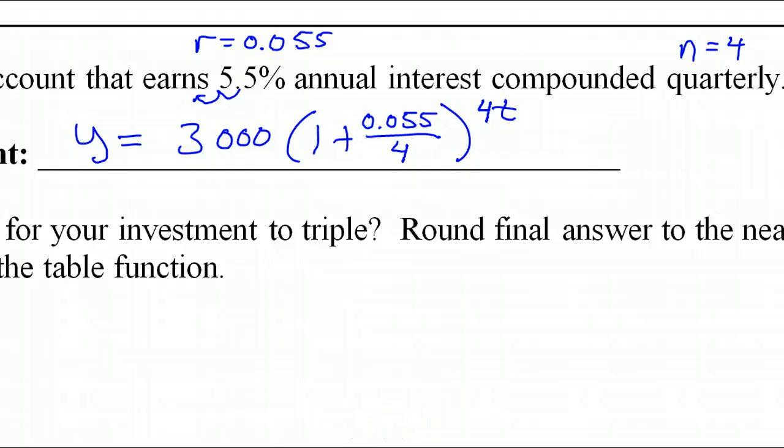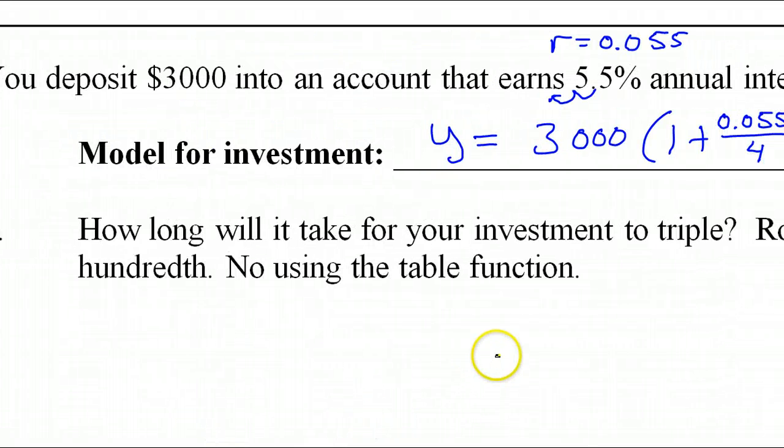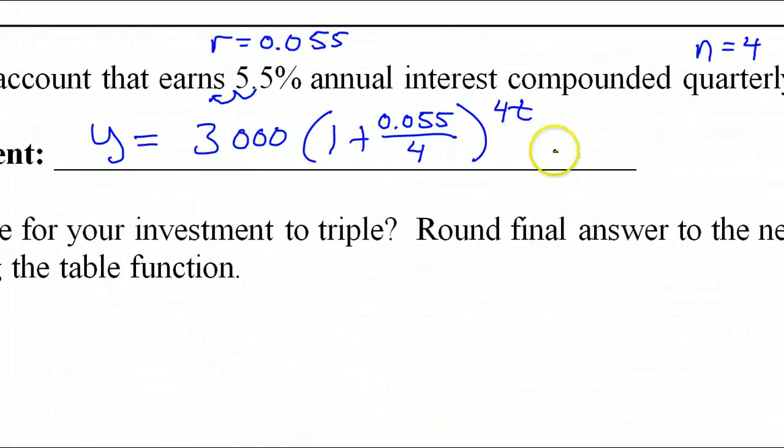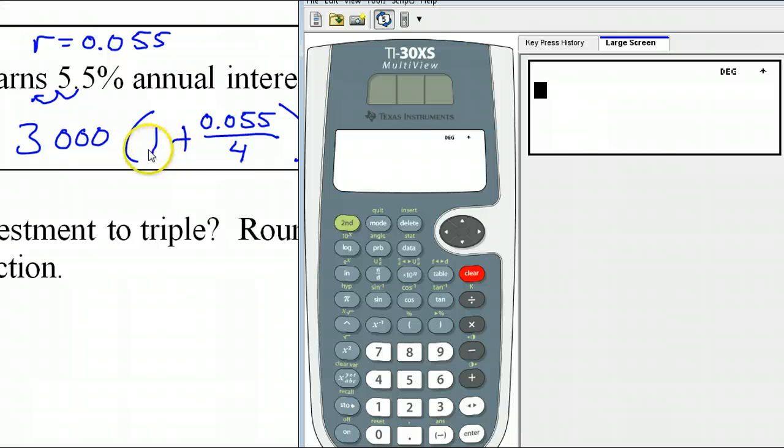I'm not sure what you would plug in, I don't even know, but this is the model. Now I'm going to look and see if this will make a nice easy decimal, a finite number, or if it runs off my calculator screen. Okay, so let's check it out. So I've got 1 plus 0.055 over 4.